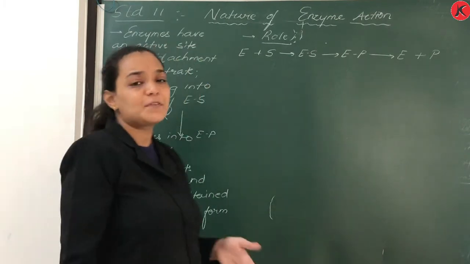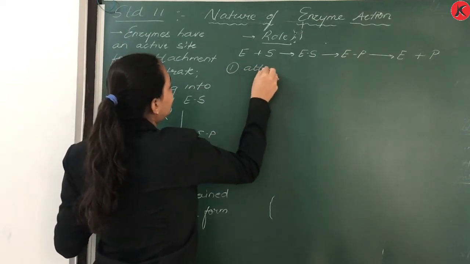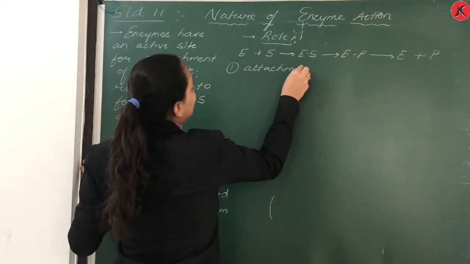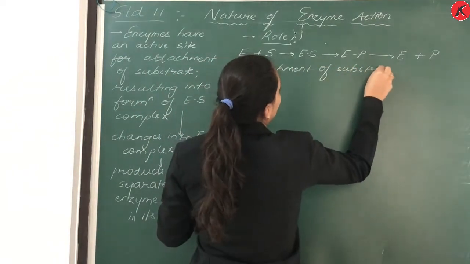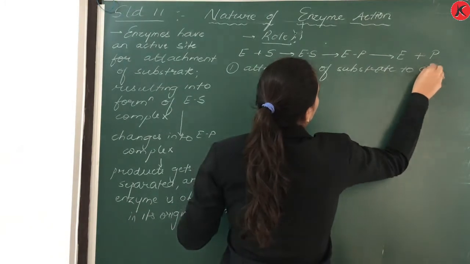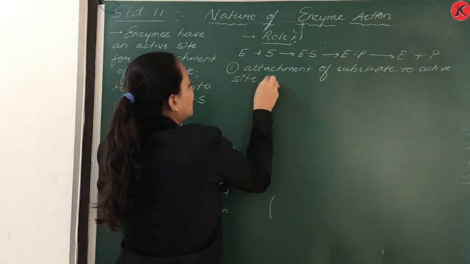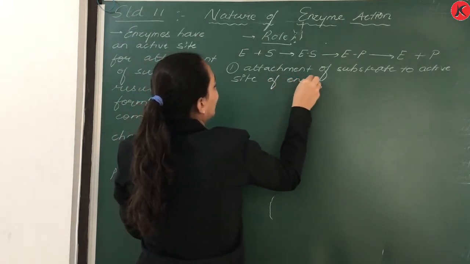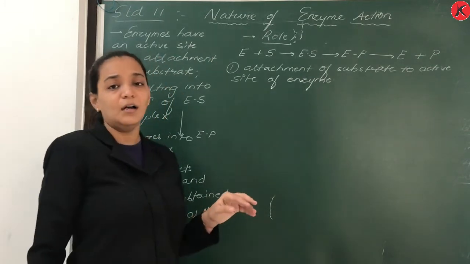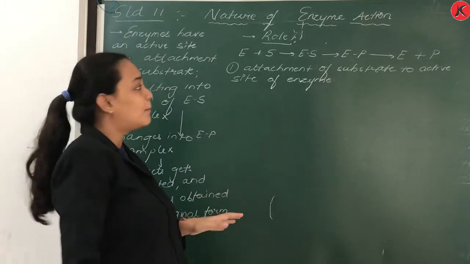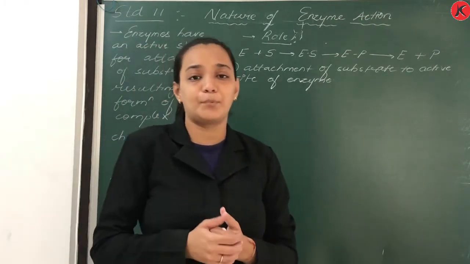So what are the steps that are going to happen over here? The first step is the attachment of the substrate to the active site of the enzyme. First of all, the substrate is going to find the active site of the enzyme, because the active site of the enzyme has a tertiary structure of protein.